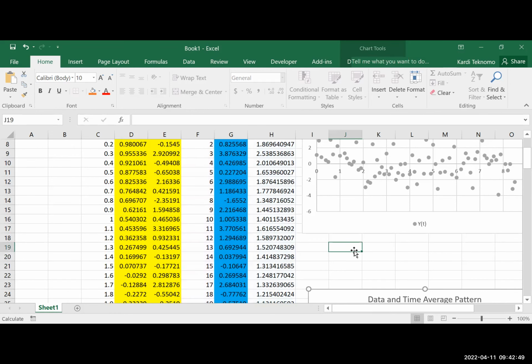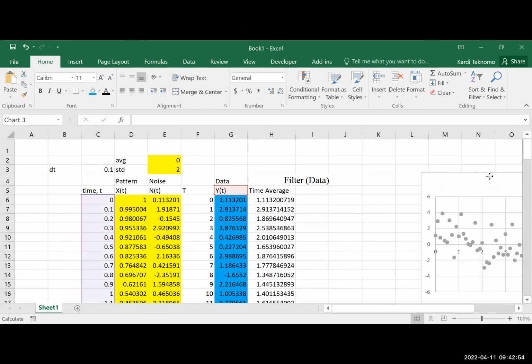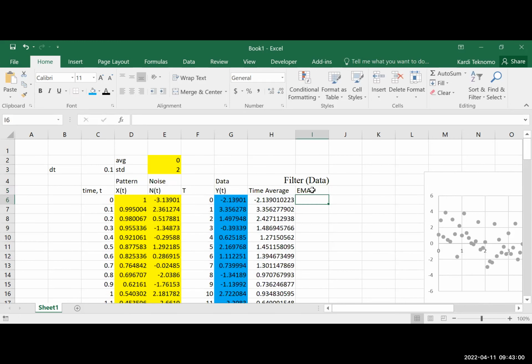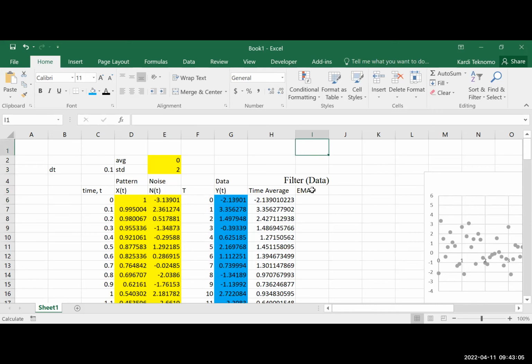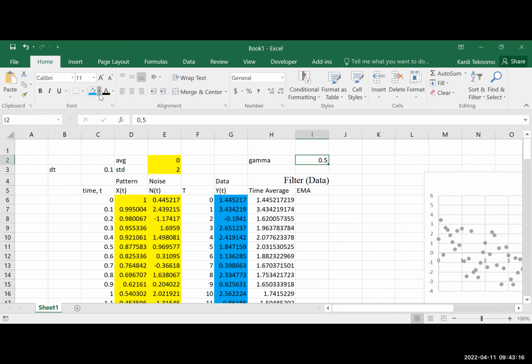So I need to create a new one, a new filter, we call this EMA, exponential moving average. For EMA, I need a parameter called gamma. So let's say 0.5. Put here 0.5. And let's name this gamma.